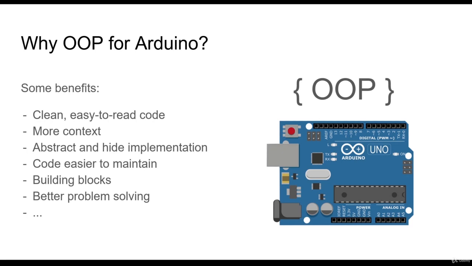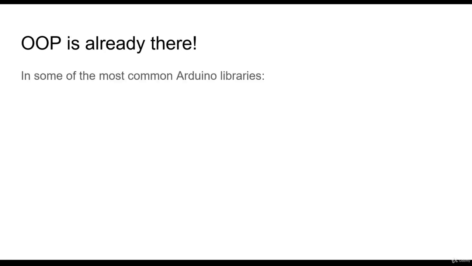Now, you may also know that the Arduino language is kind of a subset of C and C++, with some limitations. But the good news here, object-oriented programming is a part of what you can use for this limited subset. In fact, you may not know it, but some of the most common Arduino libraries are actually written using OOP.